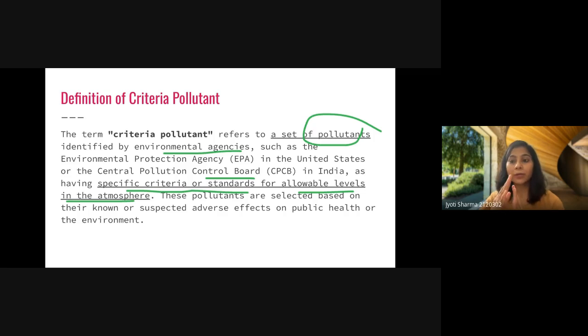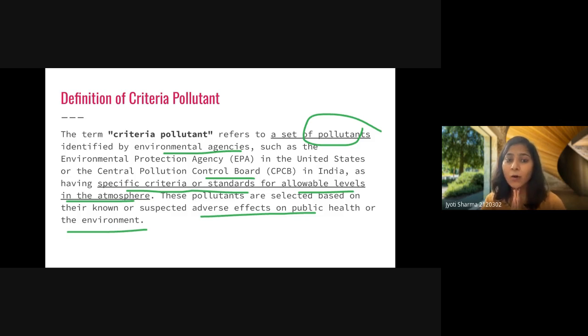Exceeding that level can give you an adverse impact on human health or the environment. We do not have any such standard or threshold for CO2, but for other gaseous pollutants we do have such a standard. The set of pollutants that come under such standards and have an adverse impact on humans after exceeding them come under the criteria pollutants.